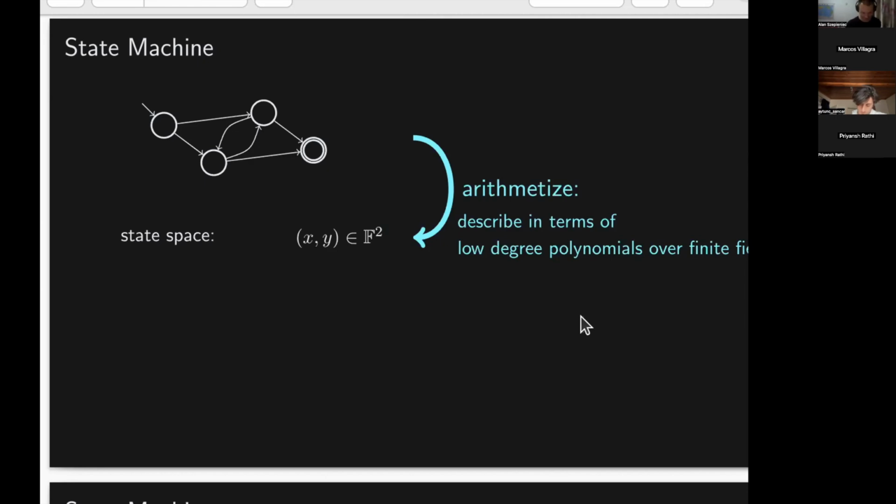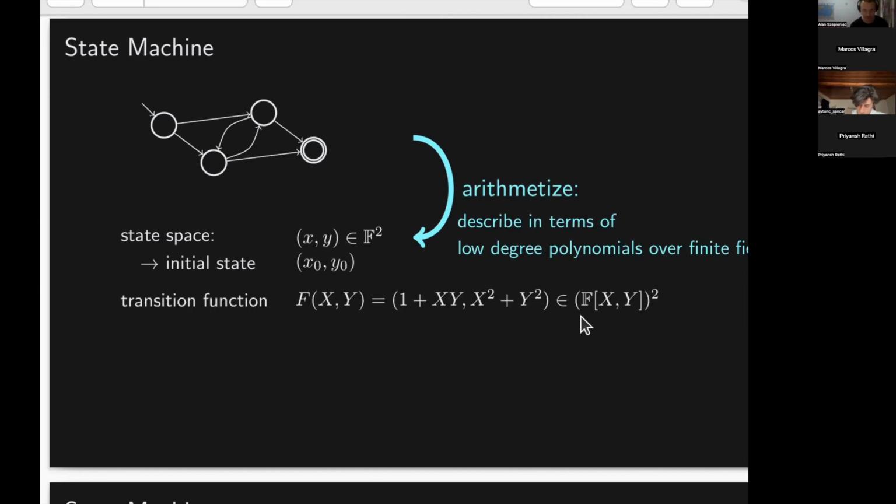These are just examples. Since we're dealing with polynomials over finite fields, the state space has to be a subset, at least, of a vector space over the same finite field. And so we can fix the initial state to some arbitrary point in this vector space.